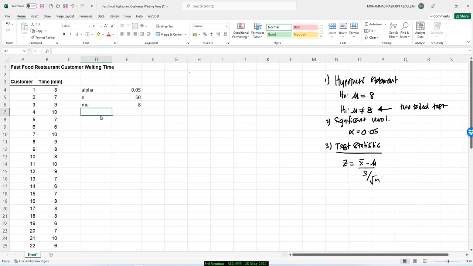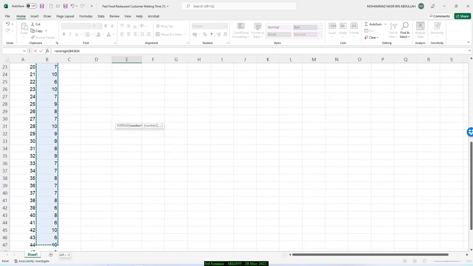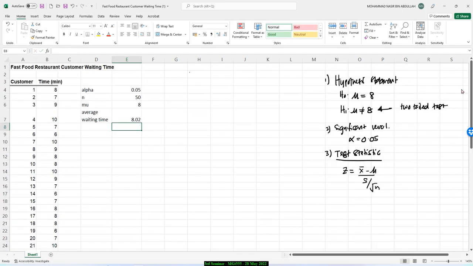And then we want to know the average waiting time. So we type average, select all of these, close the bracket. We get 8.02, same as the book, right?